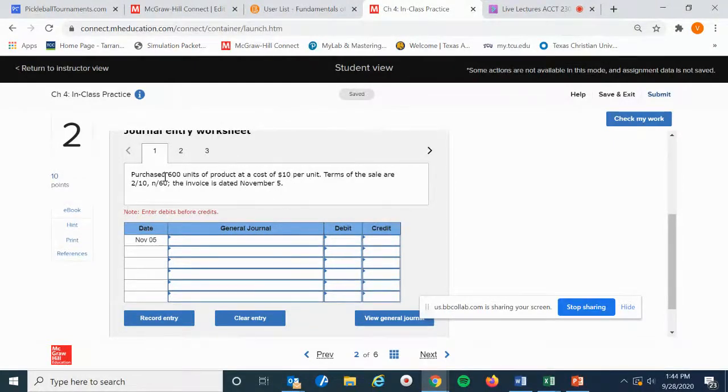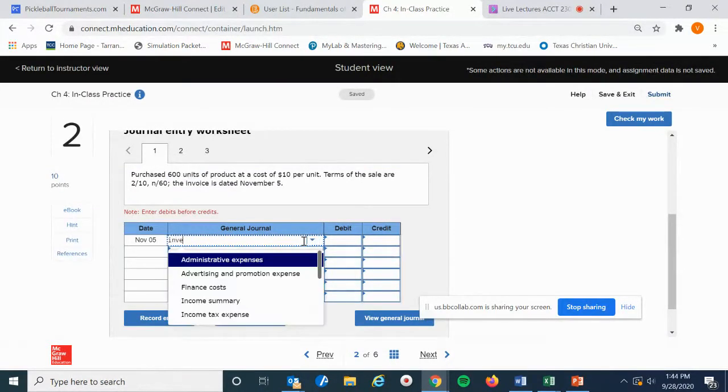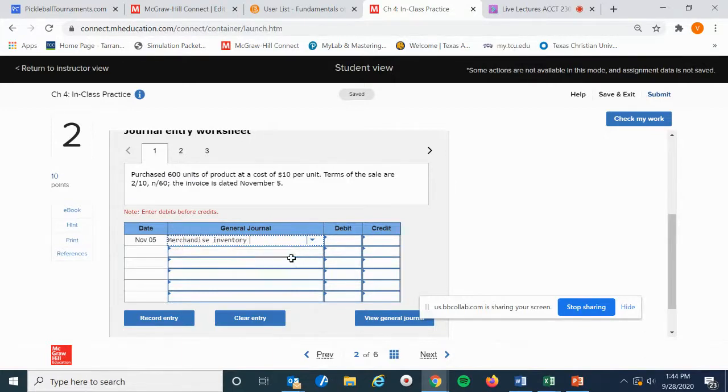So if the company is bringing in 600 units at that cost, then their inventory, which I'm going to call merchandise inventory, will be going up. Earlier, I said this is a current asset account. So $6,000 will be the increase.